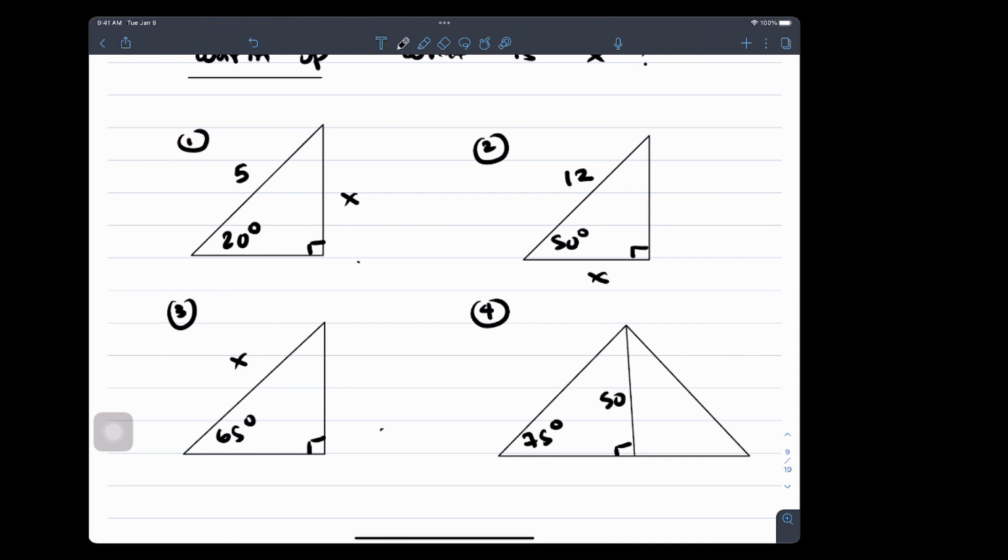This measures 50. And then this is going to be over here 50 degrees. I'm going to say this whole thing is X.